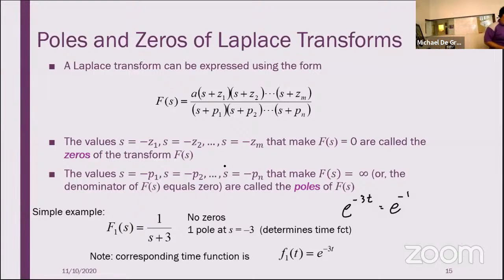How much time? What does t have to be to make this e to the -1? Yes, 1/3. So tau is 1/3 here. Is it seconds, hours, days? I don't know. I wasn't given that much information. All I was given was the Laplace transform.